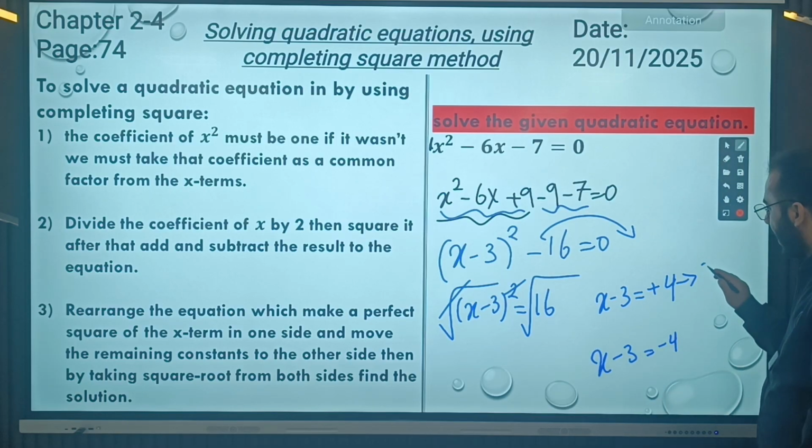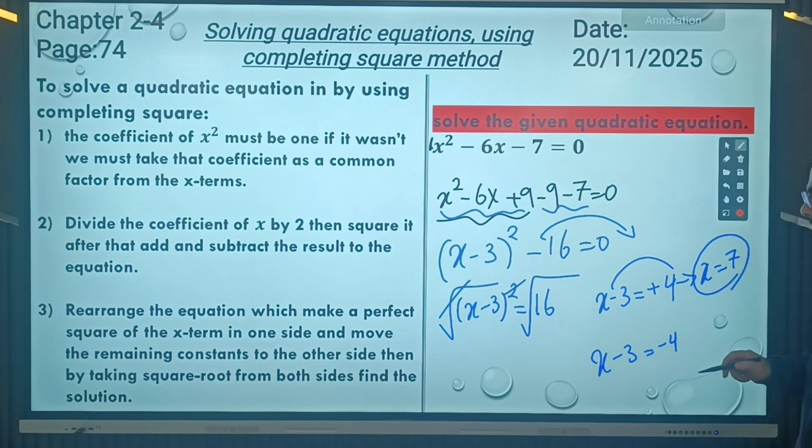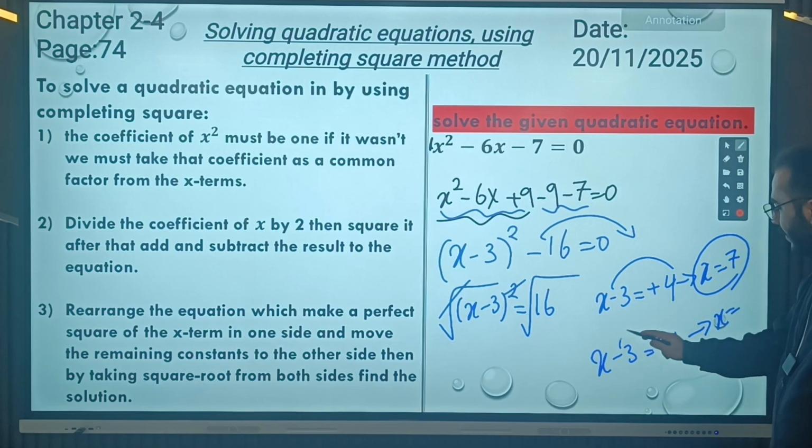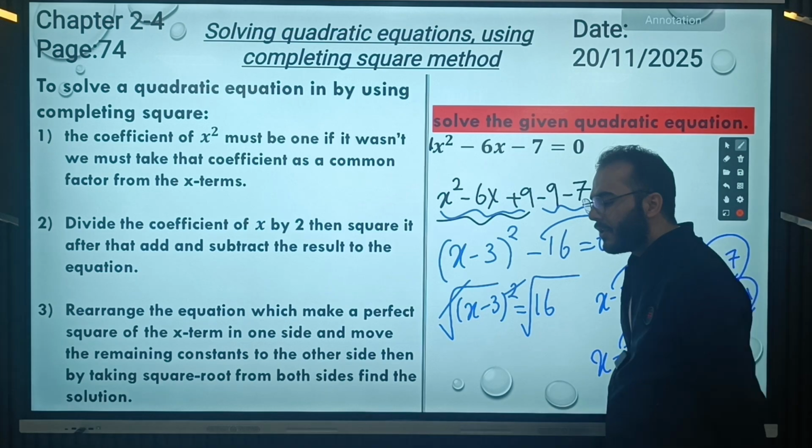From here, move this negative 3 over, so x would be 7. That is one of the values of x. And from here, x equals negative 4, and the negative 3 comes over as positive 3. So negative 4 plus 3 is negative 1. These are the values of x. Why did we get two values?